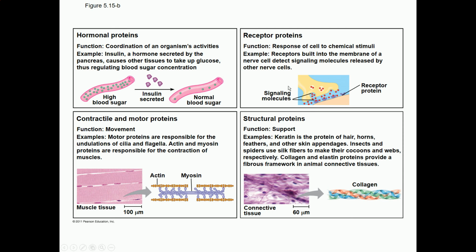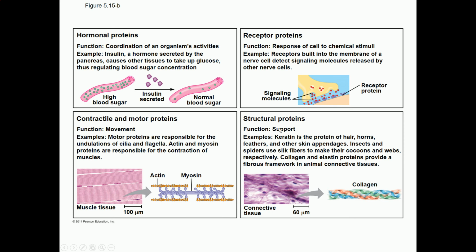There are some receptors built into the membrane of nerve cells, and they detect signaling molecules released by other nerve cells. As you know, our nerve cells help in the conduction of impulses, and that is all because of some of the receptors present on the surface of some nerve cells, which receive signals from the neighboring nerve cells.